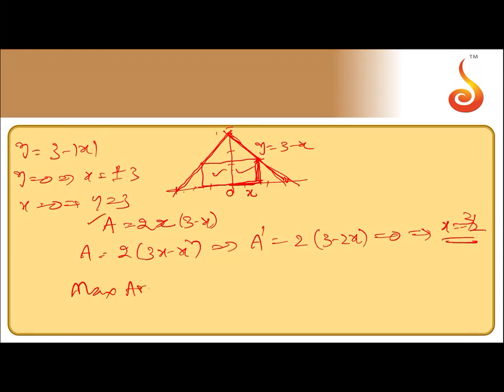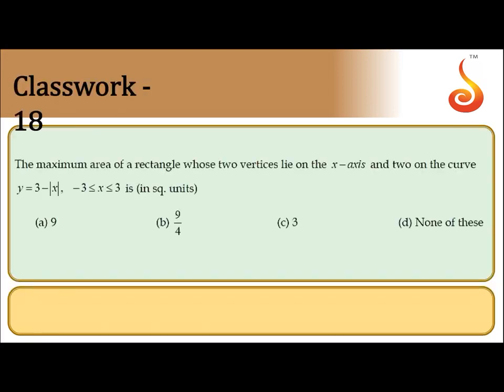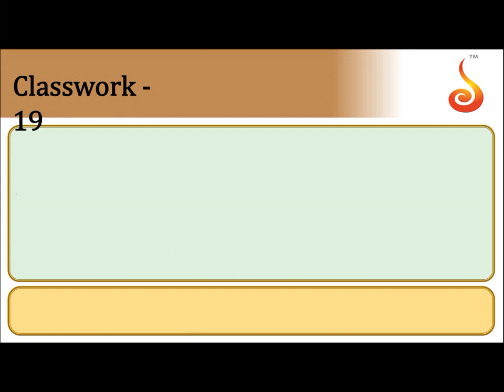So the maximum area is given by 2 into x, that is 3 by 2, multiplied by 3 minus 3 by 2, which is 3 by 2. So you will be getting 9 by 2. So the answer is equal to 9 by 2. None of these? Yes, 9 by 2.